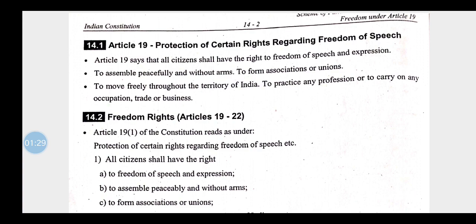And in addition, in the original Constitution, a total of 7 freedoms were given in Article 19. But by the 44th Constitutional Amendment in 1978, Article 19(1)(f), which was about acquiring and disposing of property, was repealed, and there were 6 freedoms in Article 19.